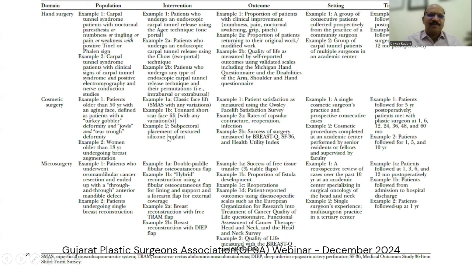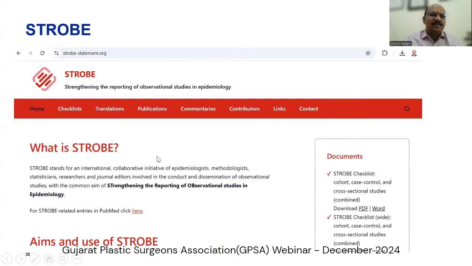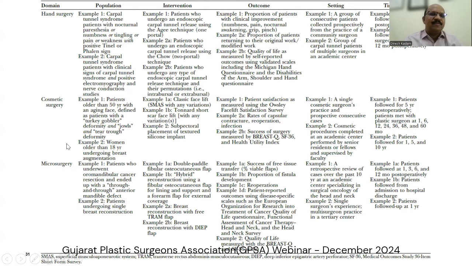A retrospective cohort study could be, for example, in microsurgery, patients who underwent mandibular resection, dental segment. How do you reconstruct? In one group of patients, you can probably use the double paddle fibula flap, and in the other group you used a single fibula and then added another flap. So it's a hybrid reconstruction of two flaps.